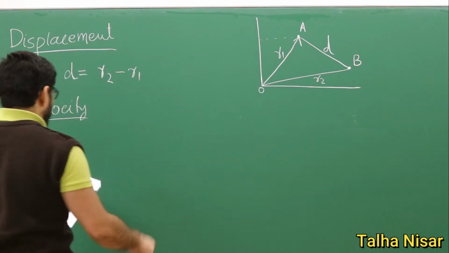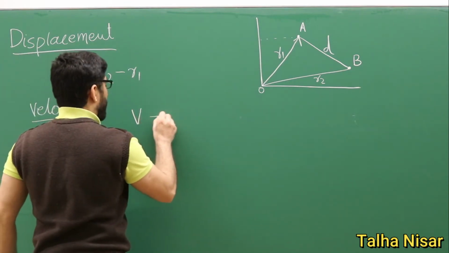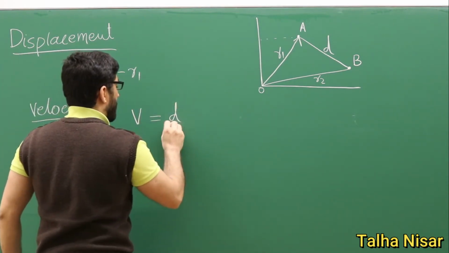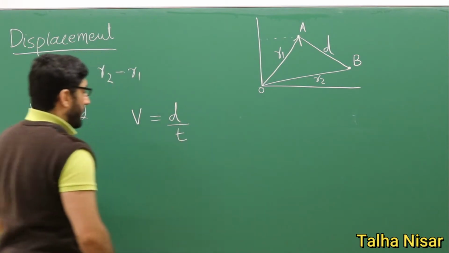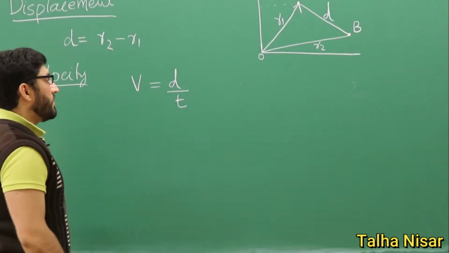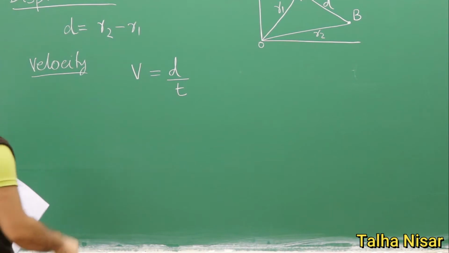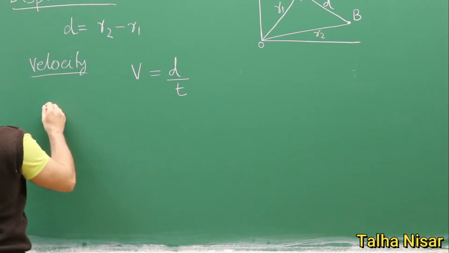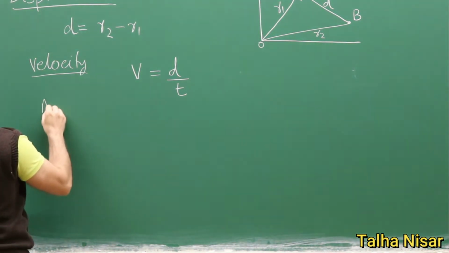So velocity is generally the displacement covered per unit time. To understand it better, we will take the example of a motion in 1D.